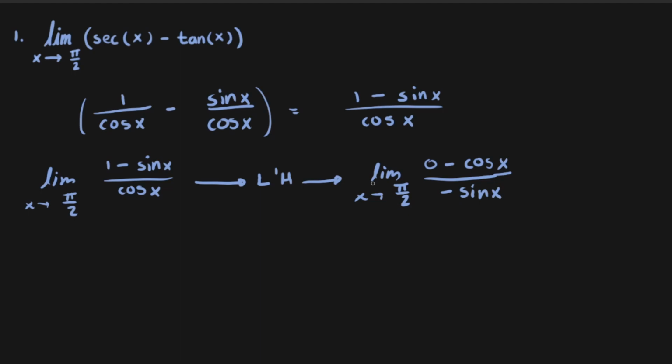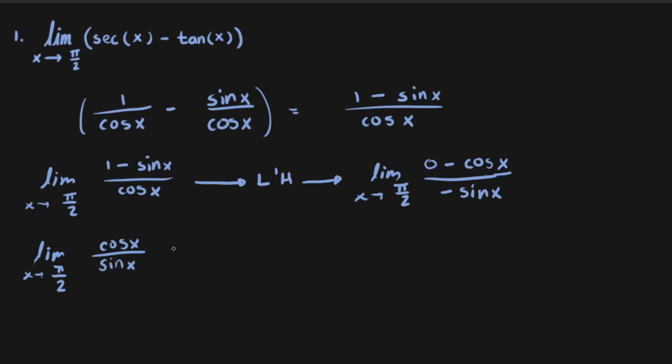Now that we have that, we can cancel out the negatives. I'm going to rewrite the limit below here. So the negatives cancel out, and we're left with cosine x over sine x. Now let's plug in pi over 2 and see what we get.